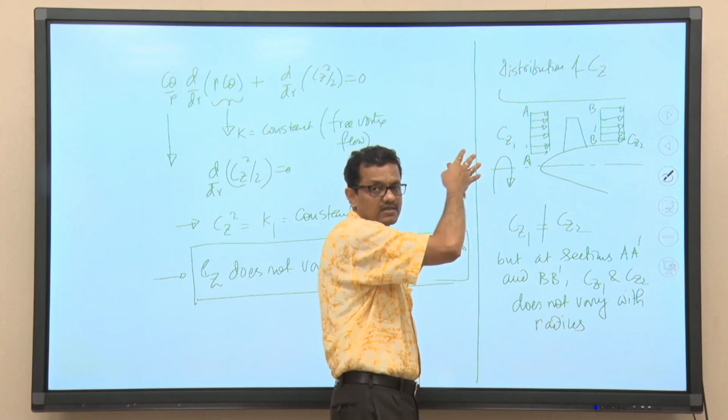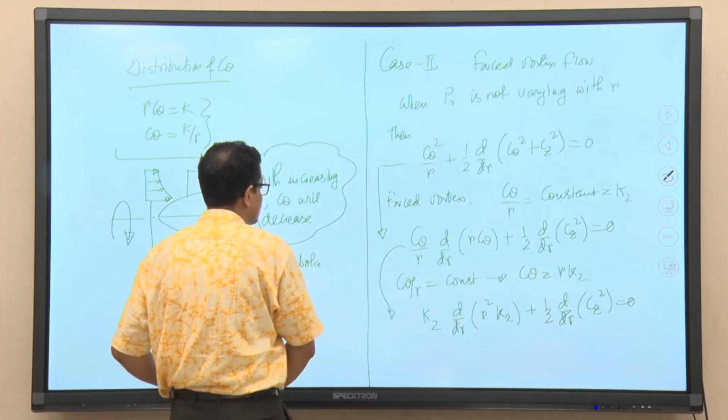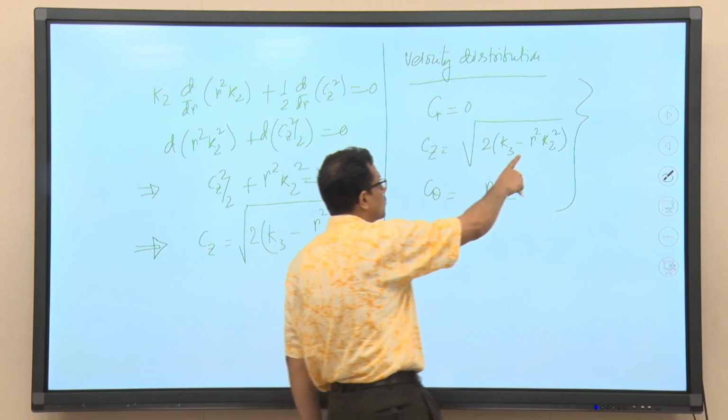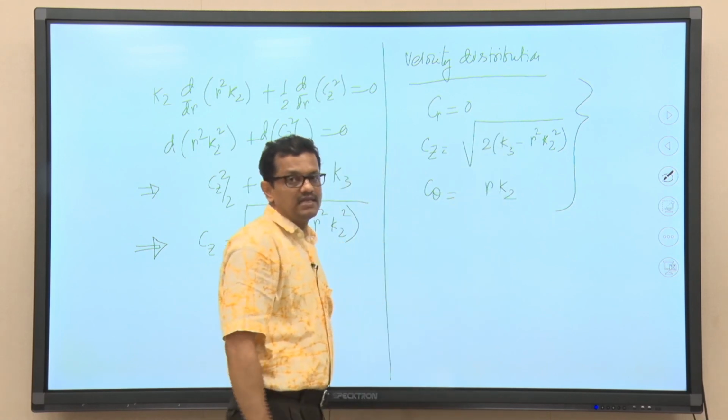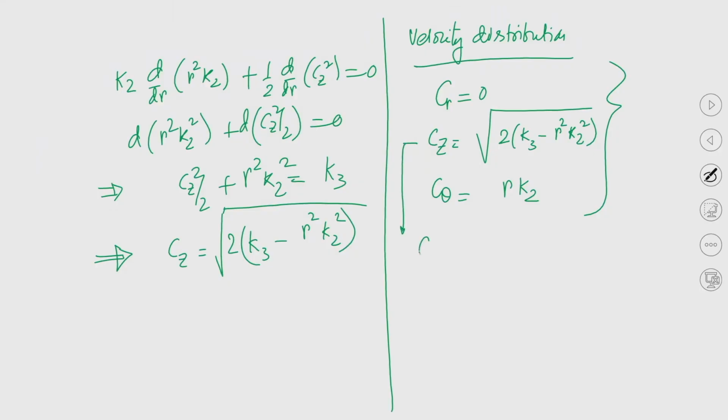But in this case, even at a given cross section, if we go up along the radial direction, Cz will decrease with radius.